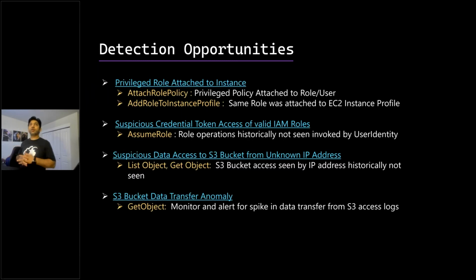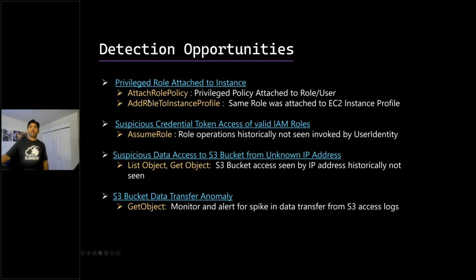So let's talk about the detection opportunity. As a blue teamer, you don't want to monitor any individual signals. The purpose here is to combine multiple signals or chain events together so that you can write a high fidelity detection. These are some examples we came up with while writing detections. The first is a privileged role attached to the instance.